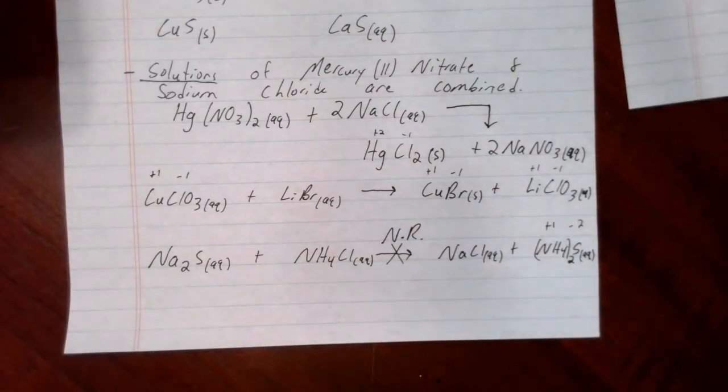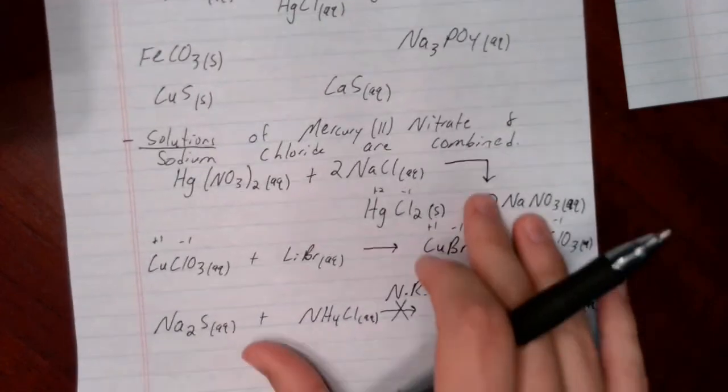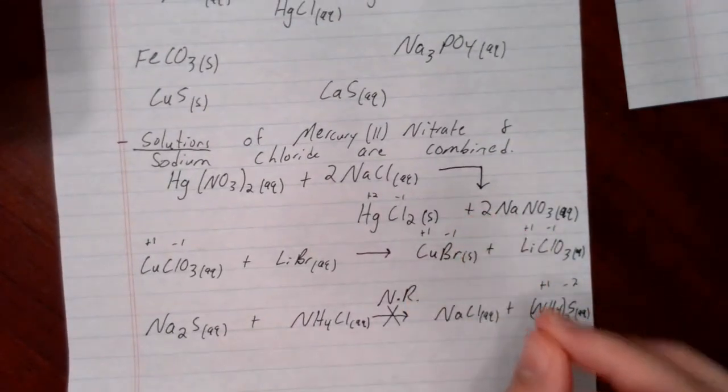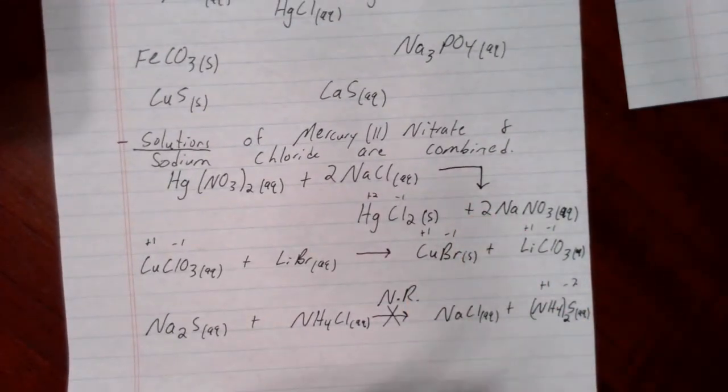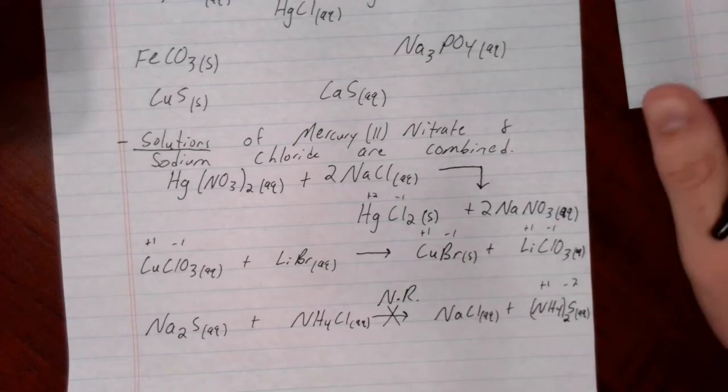So that is the most typical form of a double replacement reaction. You have two solutions of ionic compounds and they combine to make either a solid product and an aqueous product, or two aqueous products. That's the most common form. Fairly simple, but let's look at the two other types of double replacement reactions that we'll run into. Label number 2 in your notes: carbonates plus an acid.